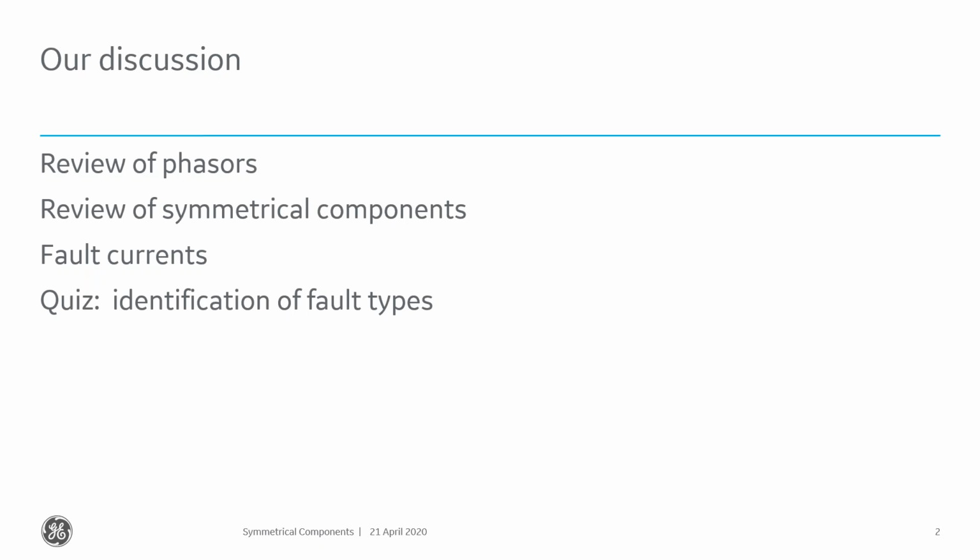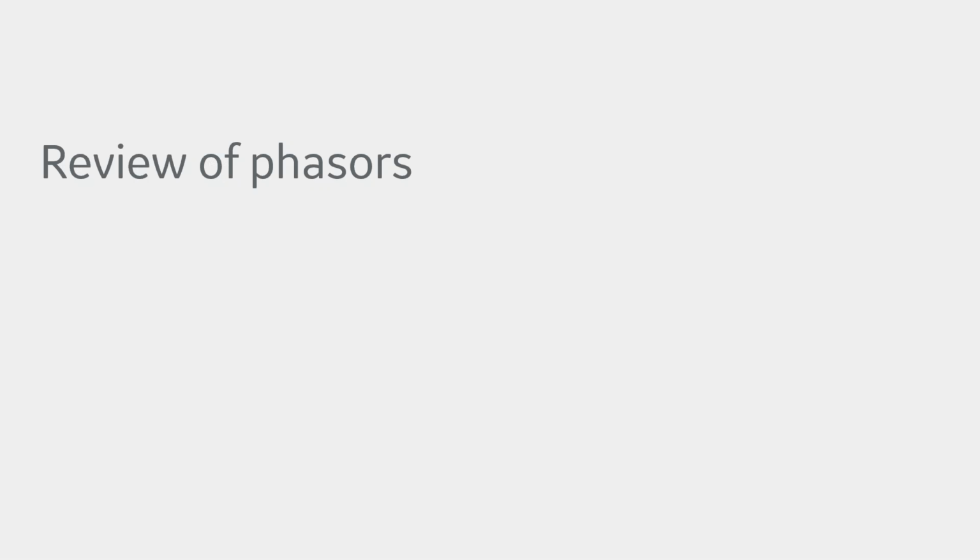Now, we won't have time to calculate some of the fault currents, but what we will be able to do is talk about how these sequence networks interact to produce fault currents. And then as a conclusion, I'll give you a quiz that will help us solidify some of the concepts that I mentioned. Don't worry, you won't be graded, okay? So with that said, let's talk about what a phasor is and how we review it.